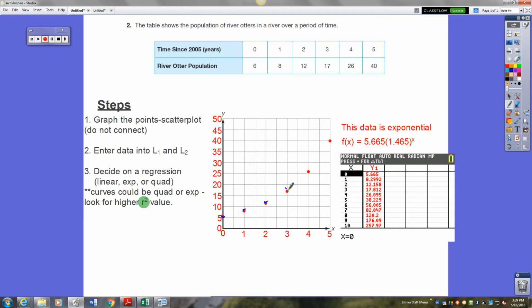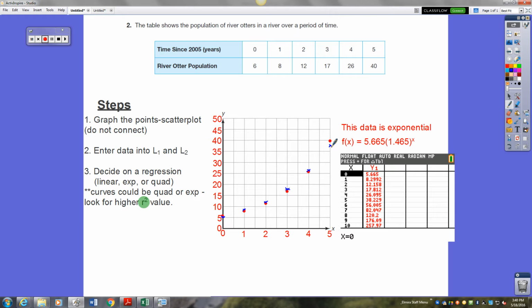So that's maybe a little bit more above the dot, maybe not quite so touching it. Okay? 4 and 26.095, that is super close. Practically touching it. And 5, 38.229. Okay, this was 40, so it's actually 2 below that, so not so close.